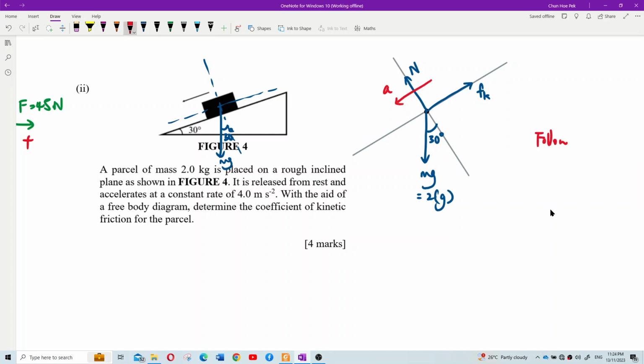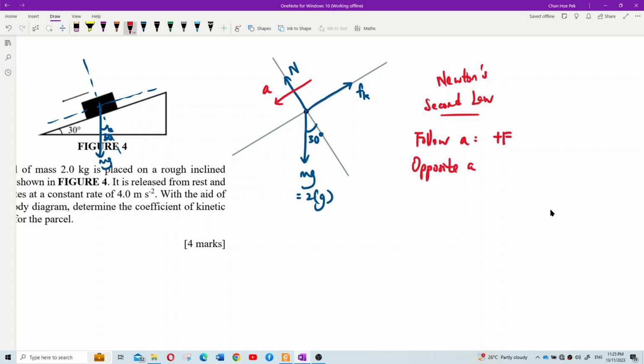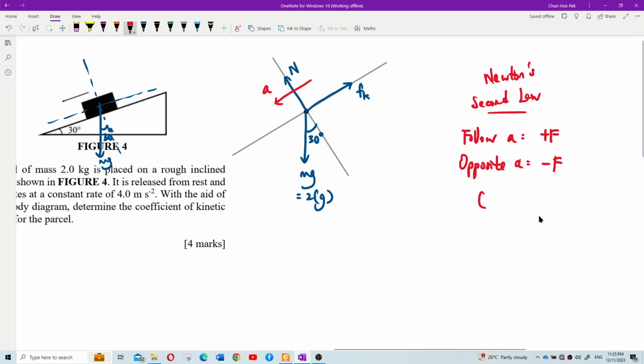So remember, for this one we always follow the acceleration with Newton's second law. Following acceleration is positive, opposite acceleration is negative. This is for the formula total F equal to ma.